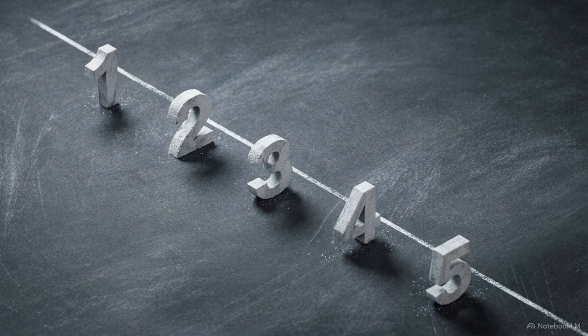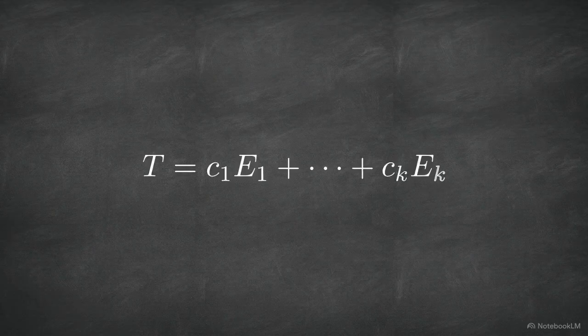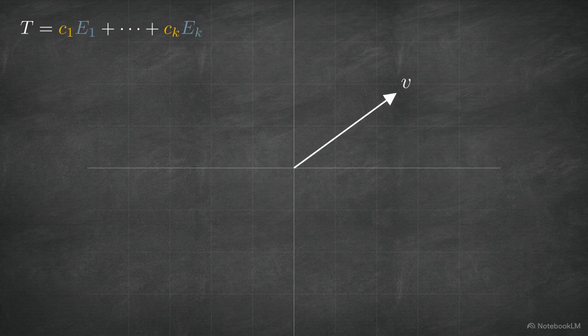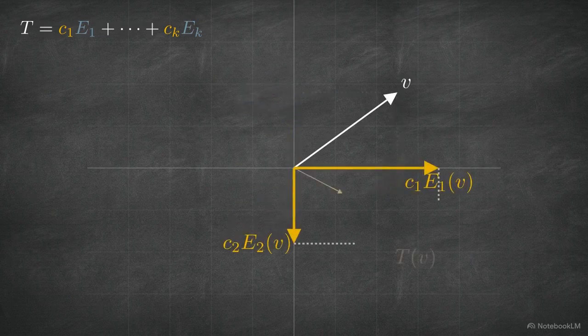A diagonalizable operator is a specialized invariant direct sum, where every subspace is a one-dimensional eigenspace. In this form, T is expressed as the sum of its distinct eigenvalues, ci, multiplied by their corresponding projection operators, Ei. Each projection operator Ei isolates the component of a vector that lies within a specific eigenspace. Once that component is isolated, the operator simply scales it by the scalar eigenvalue.